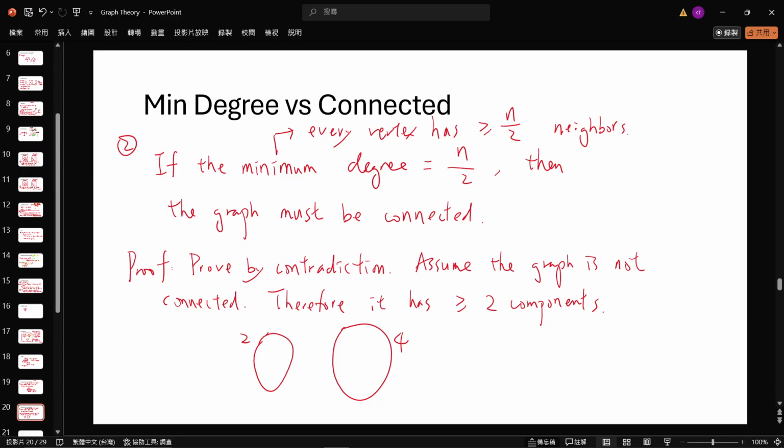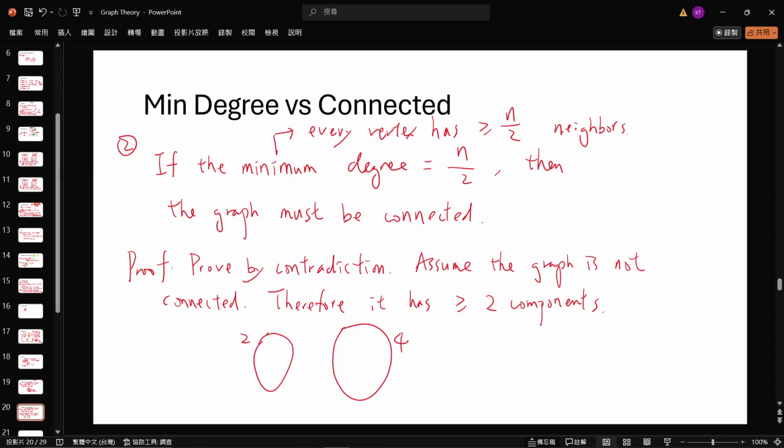1, right? Because let's consider the vertices in this component, this smaller component. The degree is at most the number of vertices in the component minus 1, right? Because you cannot be a friend of yourself, okay? There's no self loop, okay?